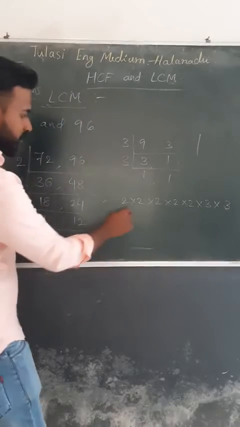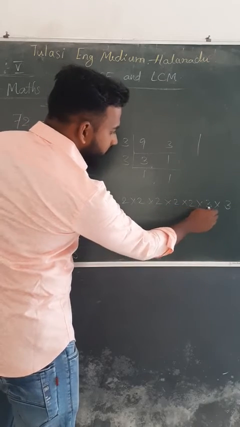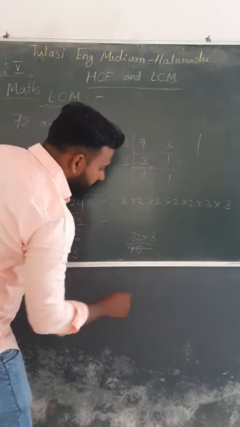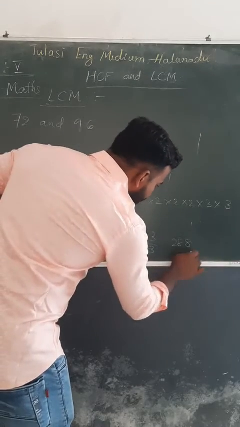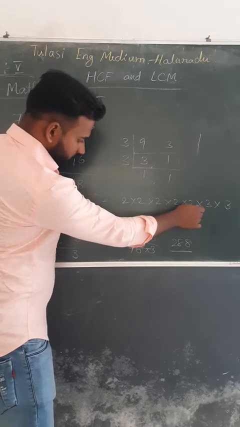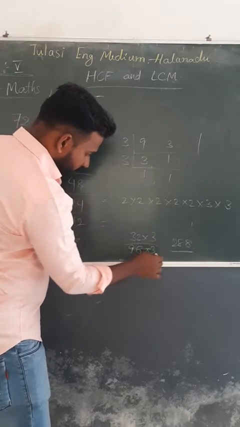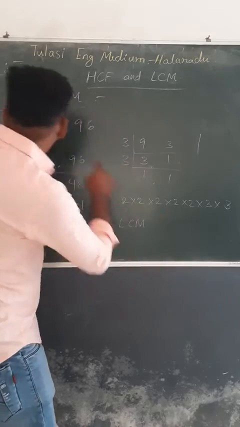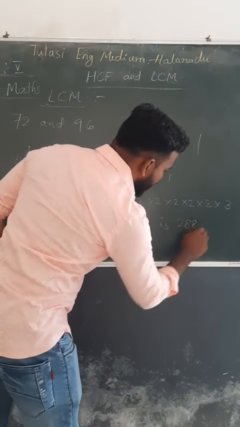So you have to multiply these numbers. 2 2s are 4, 4 2s are 8, 8 2s are 16, 16 2s are 32, 32 into 3, 3 2s are 6, 3 3s are 9, into 3, 288. See? LCM of 72 and 96 is 288.